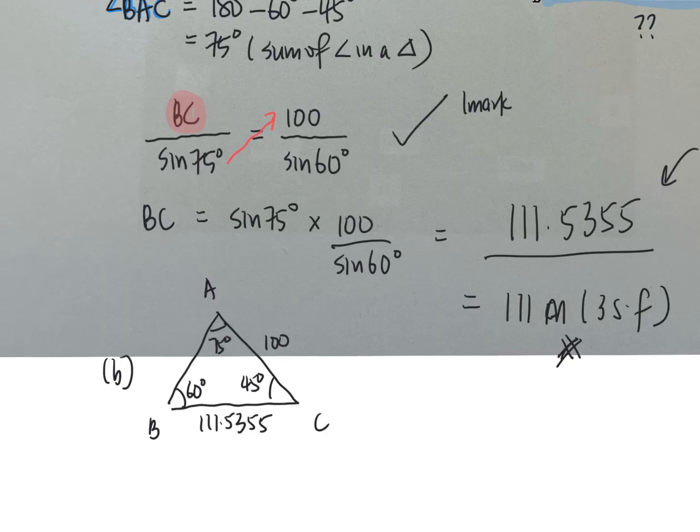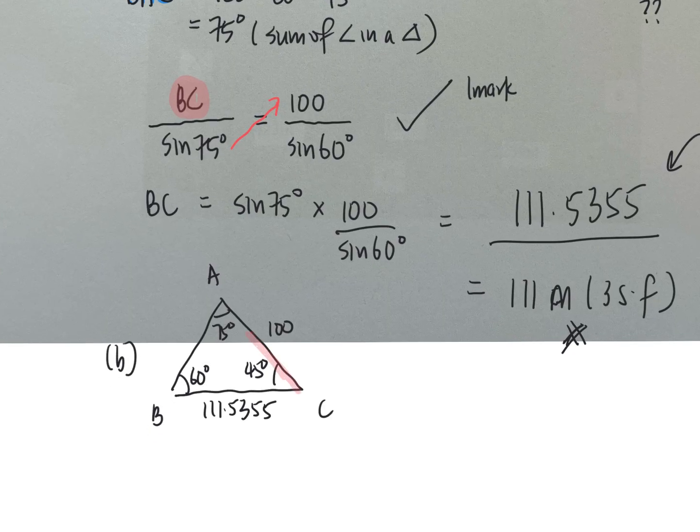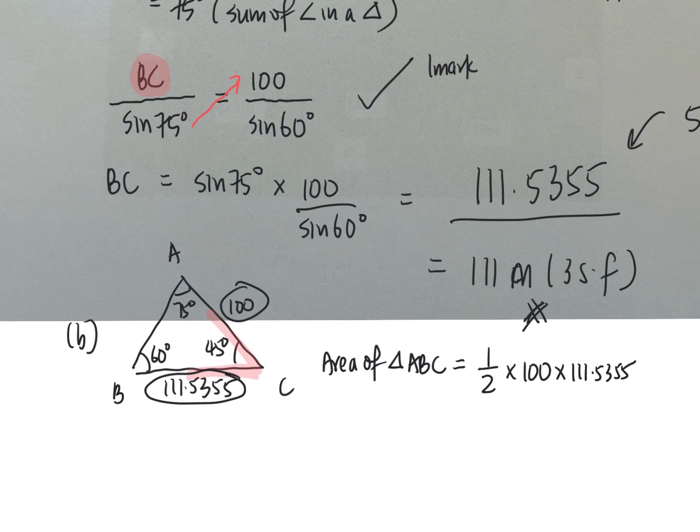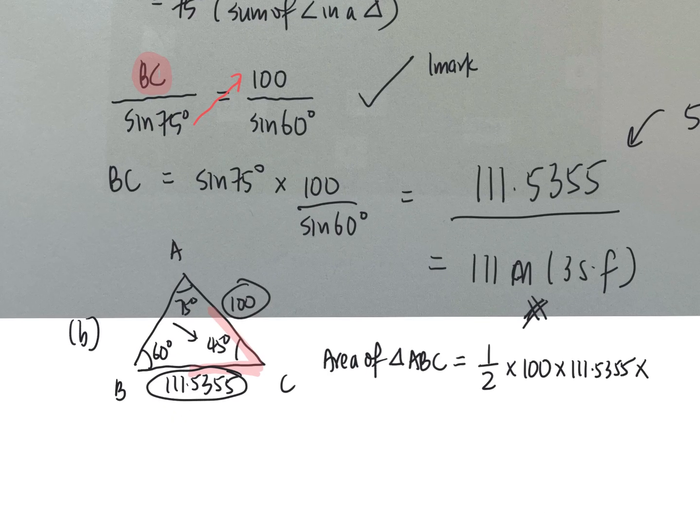Okay, so we will pick this one, this letter V. The formula says that to find area of the triangle ABC, you use half times the length of the two adjacent sides, and then sine of the angle in between.